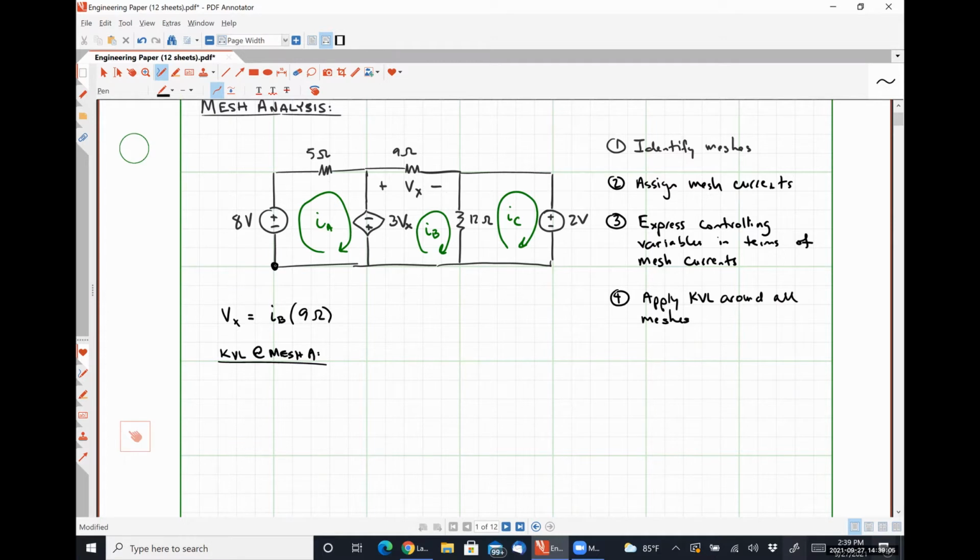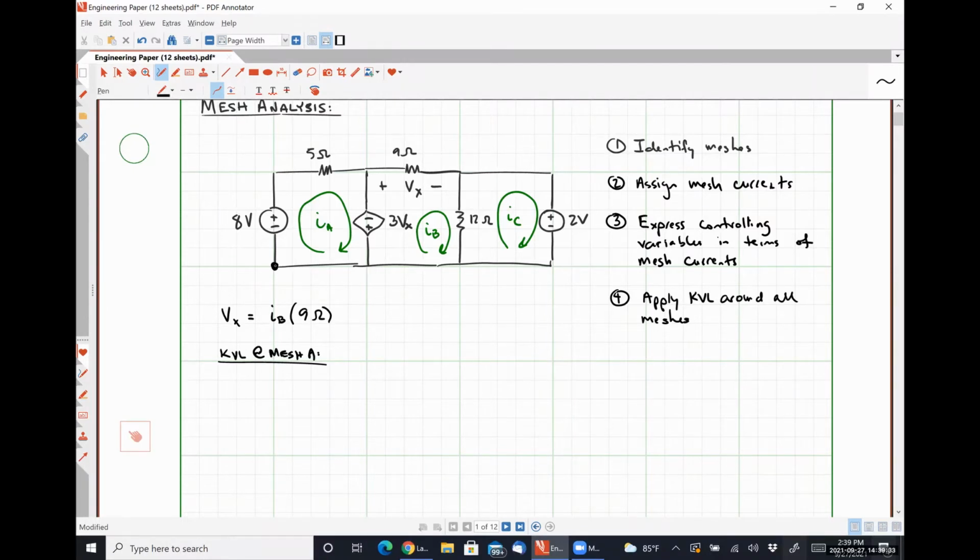So what's really interesting about mesh currents is they're not like branch currents because they're not necessarily a current confined to a single element. It's a current, or some portion of it, flowing through all of those elements. All right. So if I start at the bottom left-hand corner, what's the first thing I see?